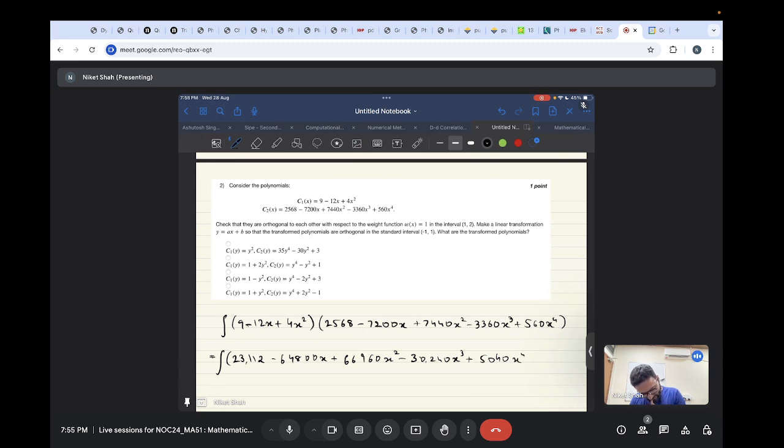These are just terms corresponding to the constant number. Then minus of 12x.